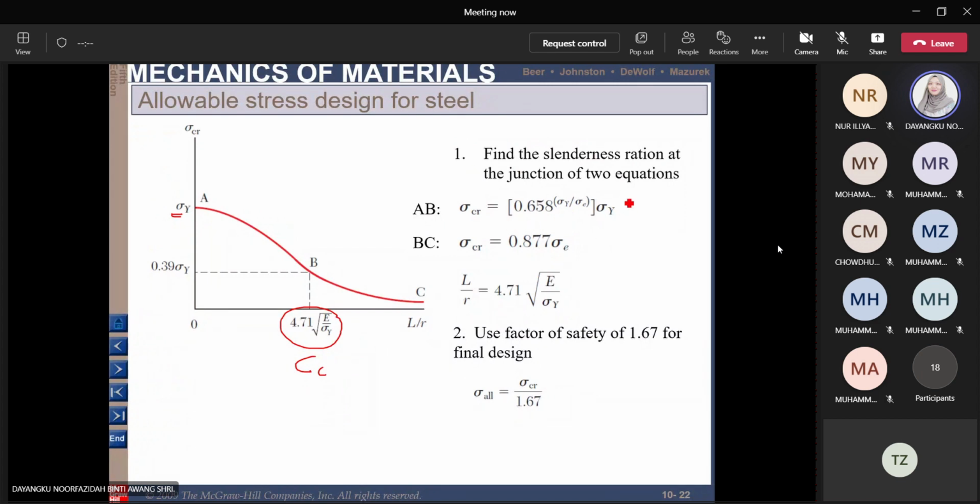For critical stresses in between AB here, the critical stress is given by this formula. And if it is in between BC, so after the CC, bigger than CC, then you can get this value here. And for the L over R, we will use this equation here, 4.71 times square root of E over sigma y.